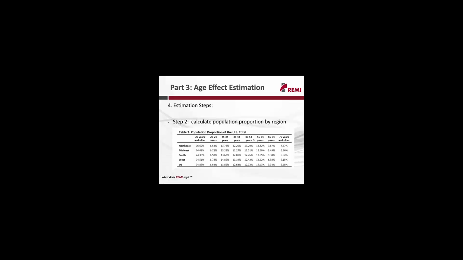Let's see the propensity to consume first. For example, PCLJ means the propensity to consume by age group L on commodity J. That's very easy to calculate. Just divide the average consumption by age group L on commodity J by the average consumption by all age groups on commodity J. In the second step, we used the census data and divided the whole population into 8 age cohorts for the 4 census regions.